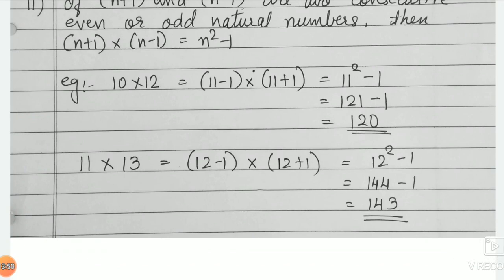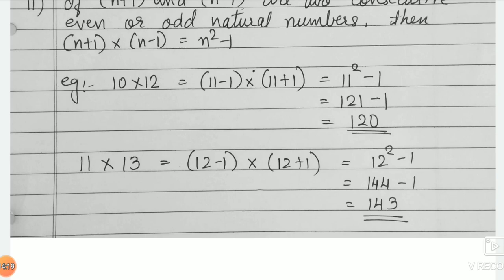So here n will be 11. 10 is 11 minus 1 and 12 is 11 plus 1. Then it will be 11 squared minus 1. Now what is the square of 11? It is 121. So 121 minus 1 is 120. And if you directly multiply 12 by 10, our answer is the same, 120.